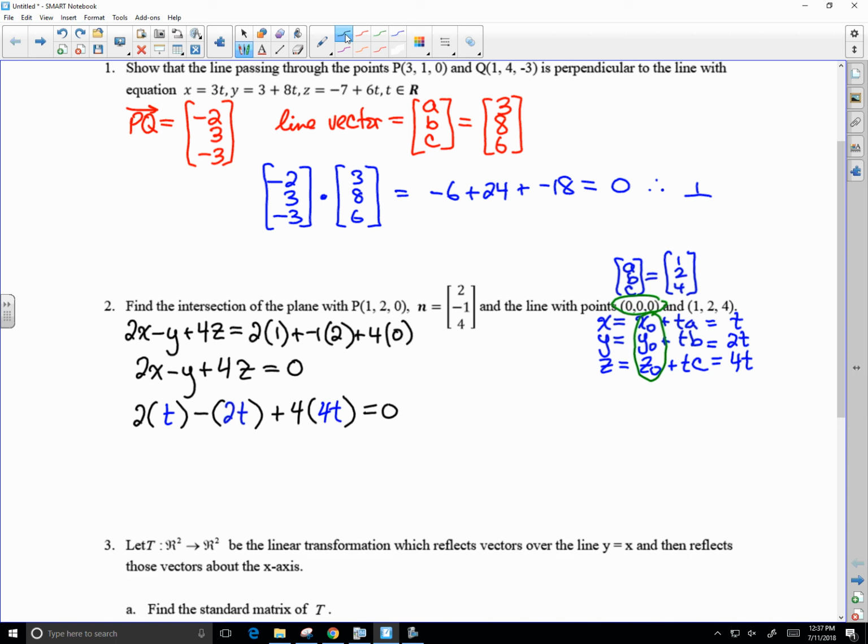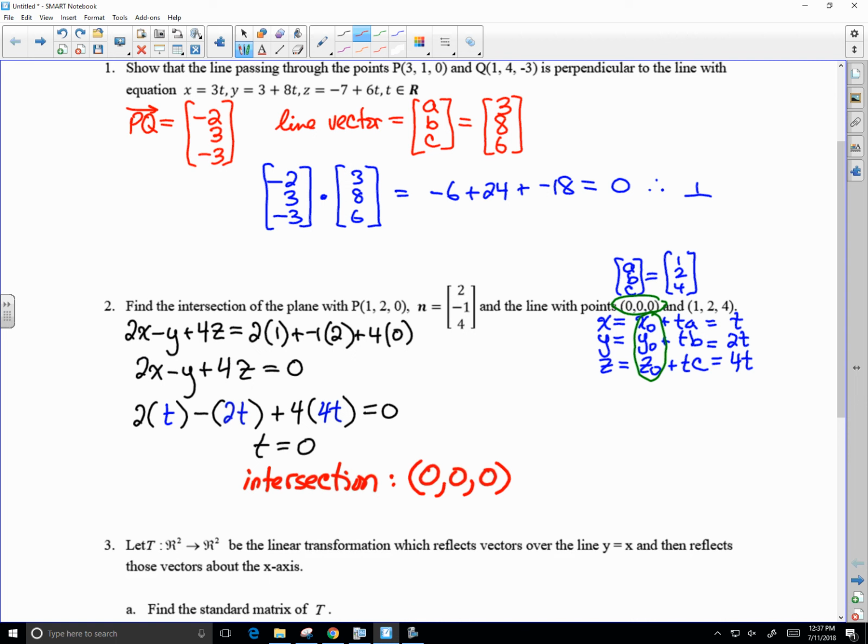So t equals 0. So the intersection occurs when t is equal to 0, which would mean it's occurring at the origin, right?